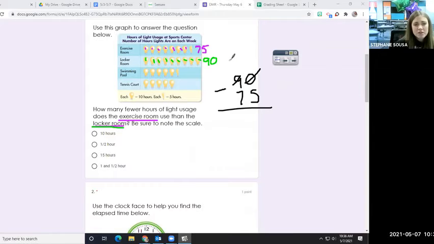So we must go regroup from the tens place. All right, so we have 8 tens and 10 ones. Still got 90 there, y'all, just looks different. 10 subtract 5 is equal to 5. 80 subtract 70 is equal to 10. So we got 15 hours.